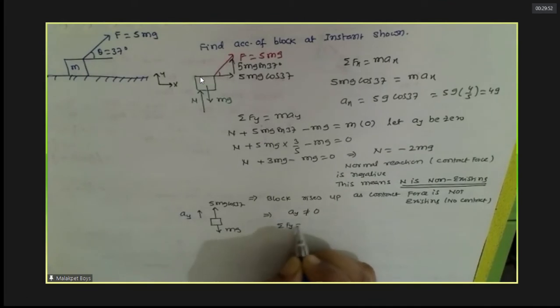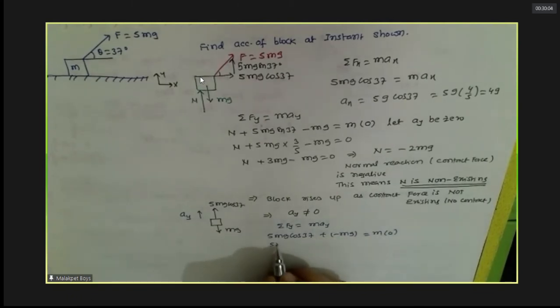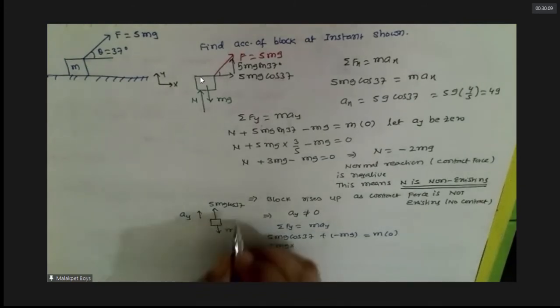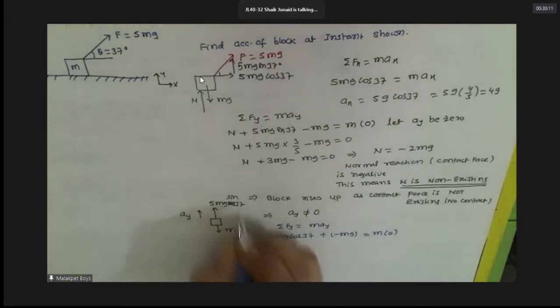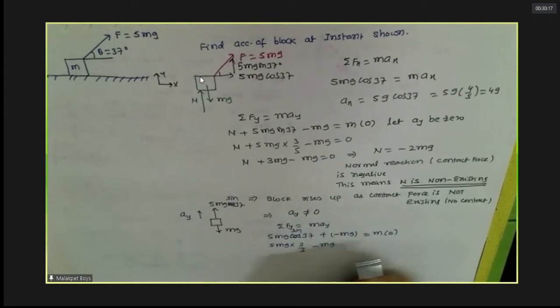Sigma Fy equals m Ay, so 5 mg cos 37 minus mg, that is 3 by 5 minus mg, is Ay.